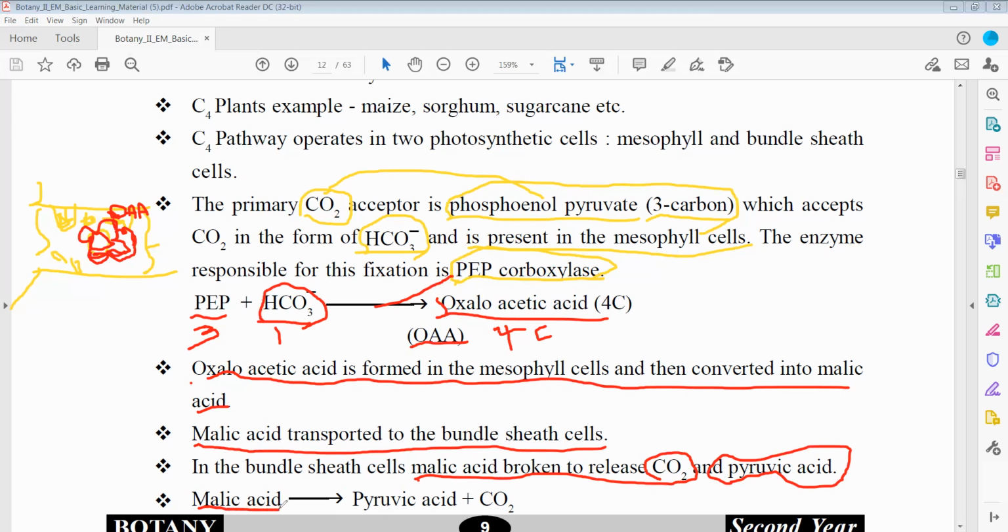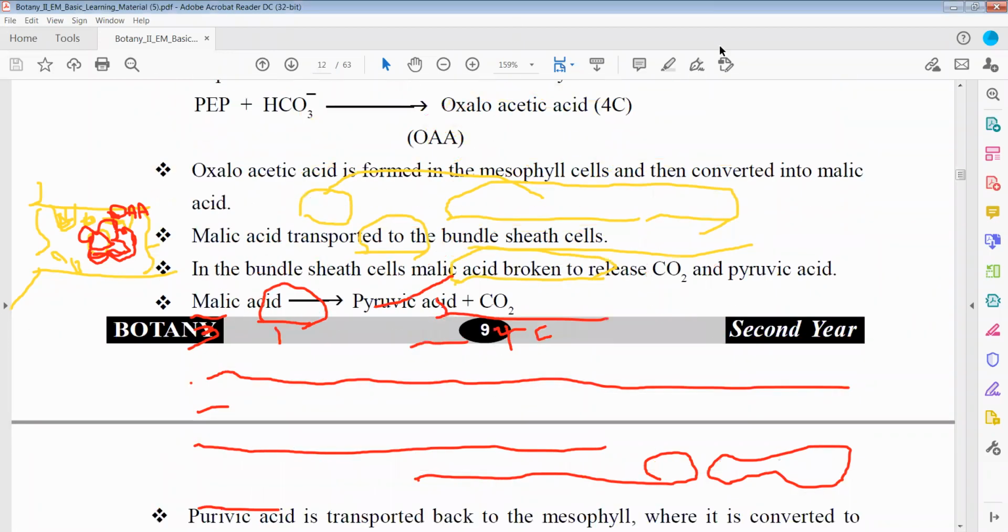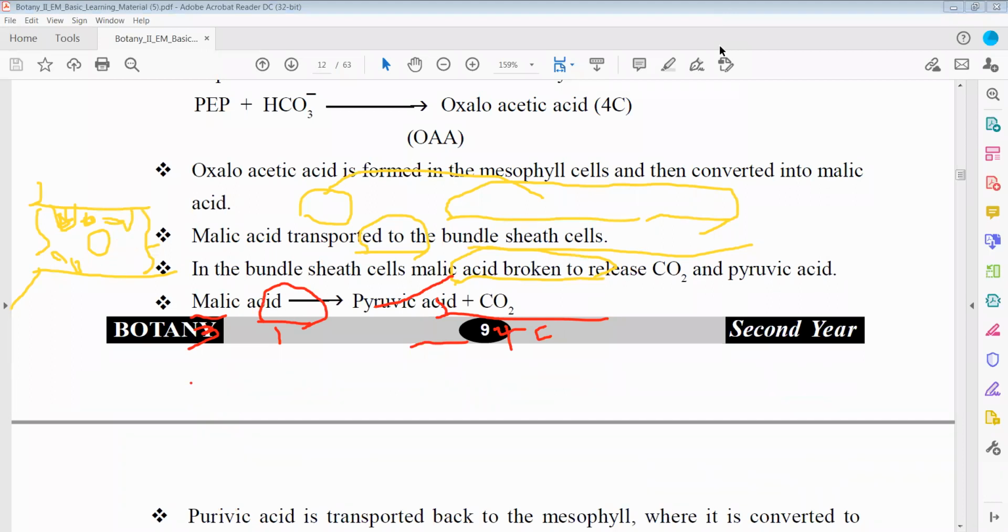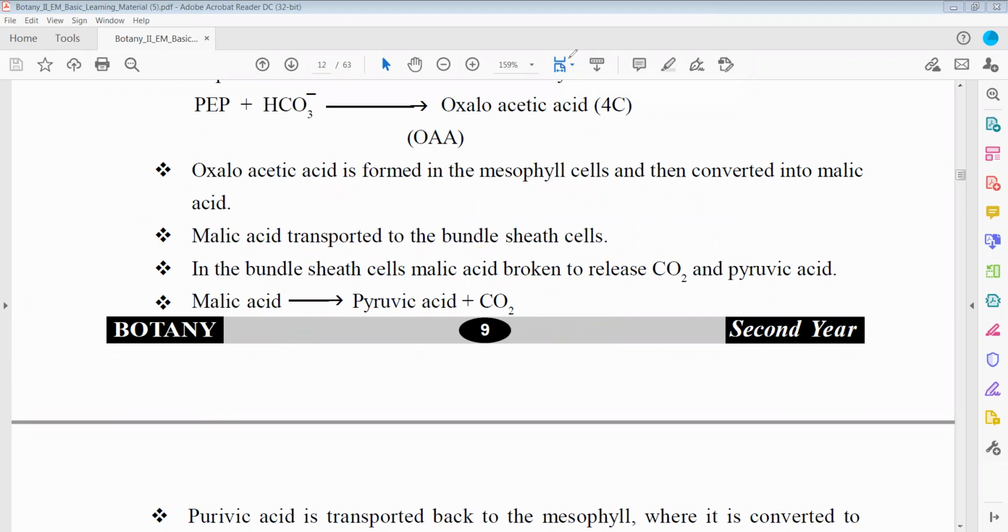Malic acid is a 4-carbon compound, and it undergoes a malic decarboxylase reaction and divides into two compounds.